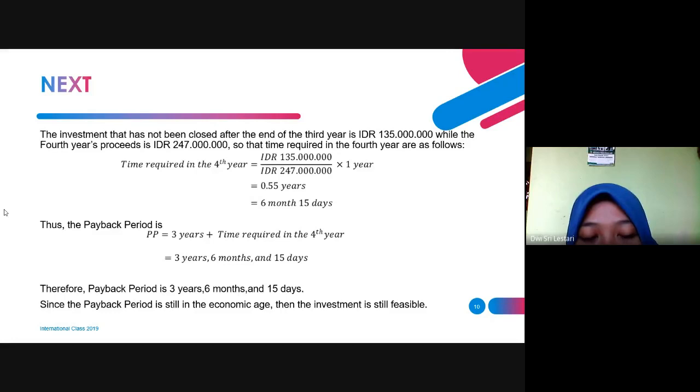Thus the payback period PP is equal to 3 years plus time required in the fourth year, equal to 3 years, 6 months and 15 days. Since the payback period is still in the economic age, then the investment is still feasible.